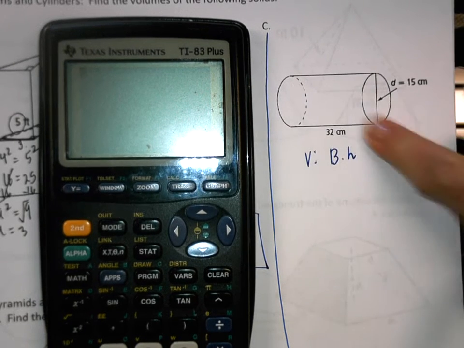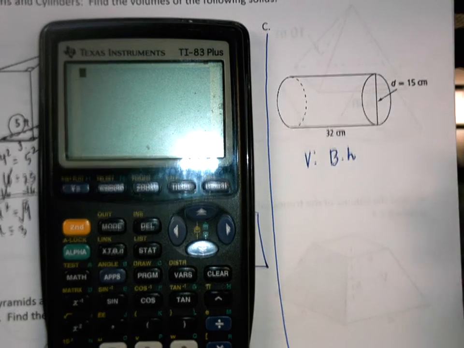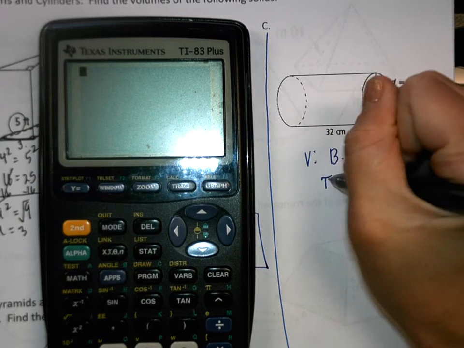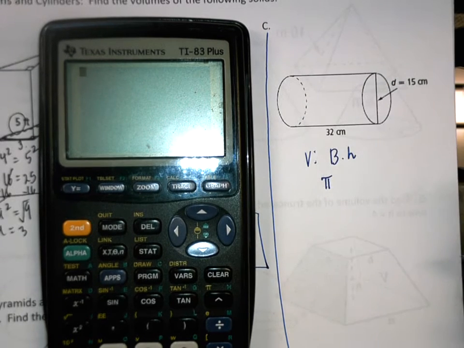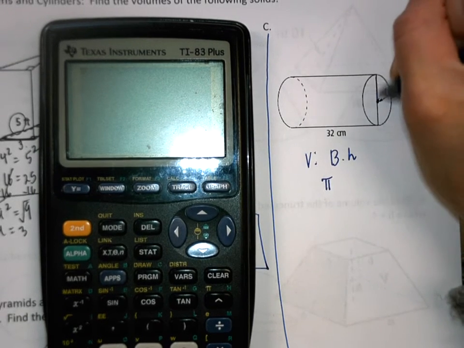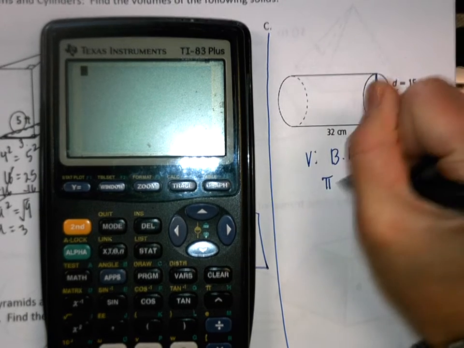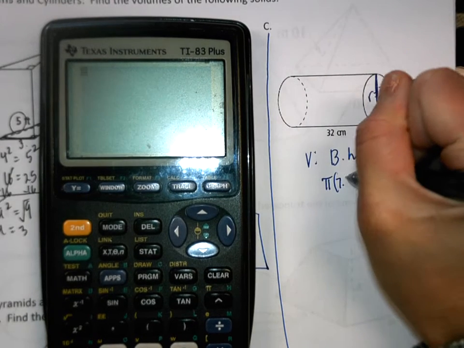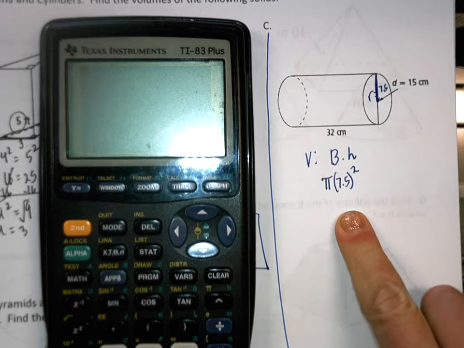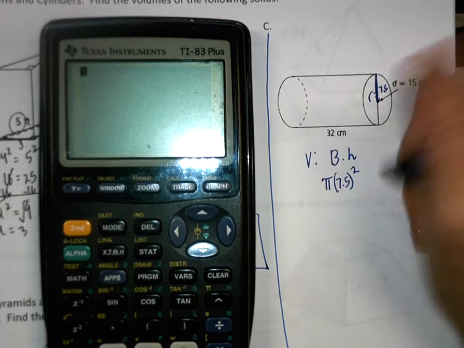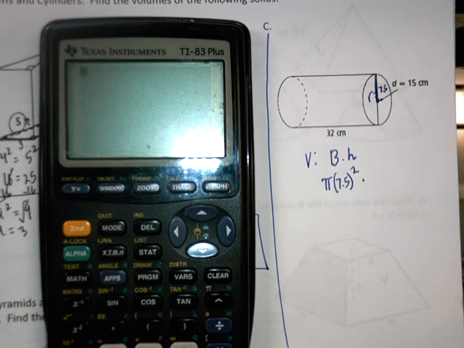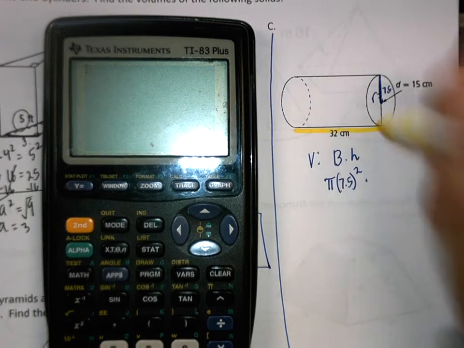So how do I find the area of a circle? Pi r squared. Good, so what would be my r in this figure? 7.5. Very good. 7.5 is my radius. So I'm going to have pi times 7.5 squared. That's the area of the base, times my height, which is going to be 32.